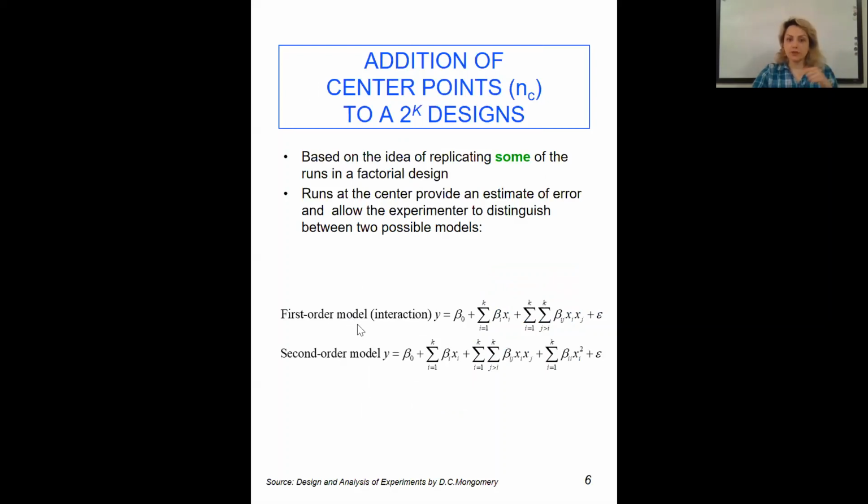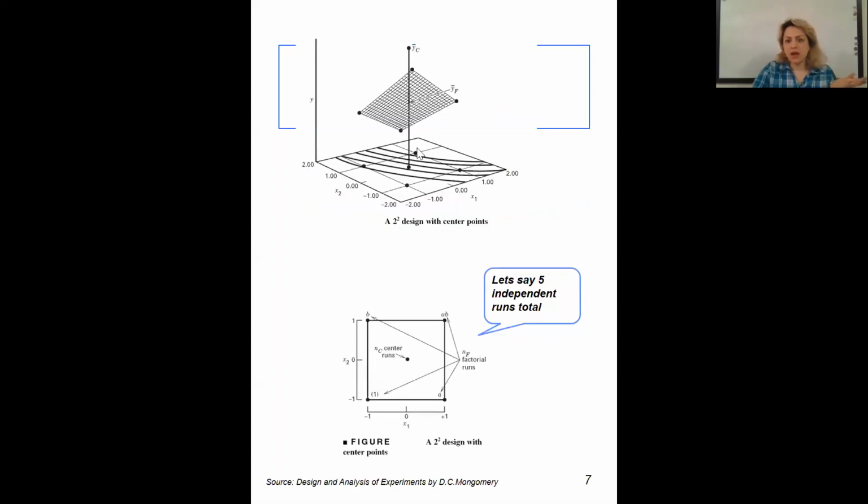For the first model, I would consider the interaction and then the main effects. Let's say these 4 runs, and then I will add an extra run and call it the center run. Here we have 2 factors. It's a 2 power 2 design with a center point.